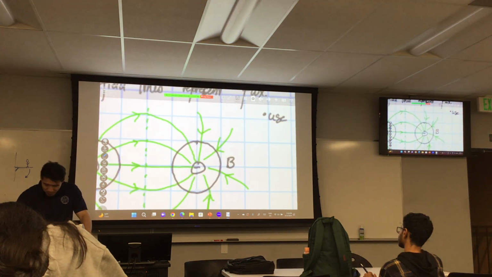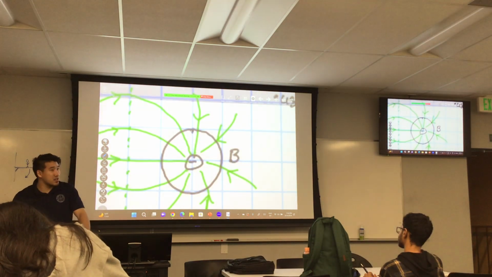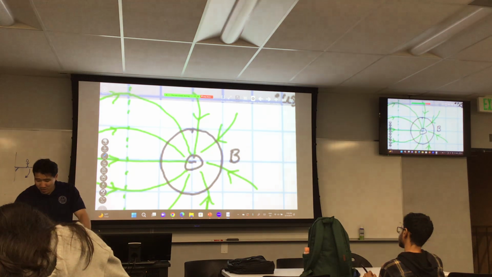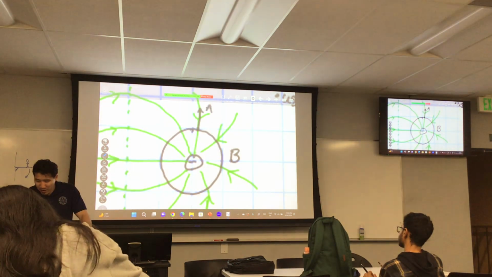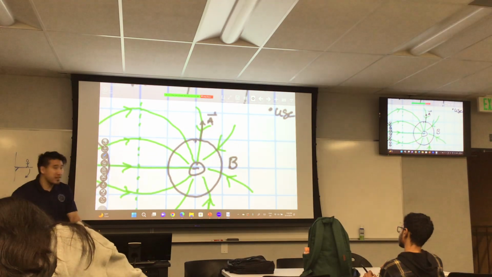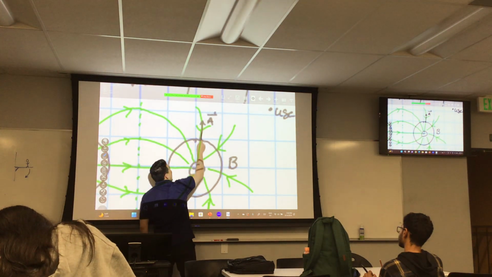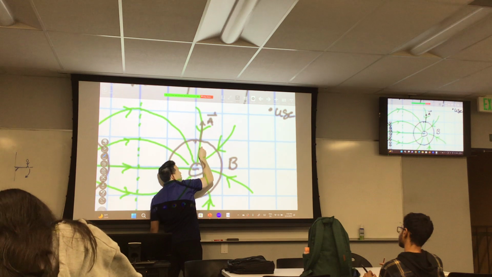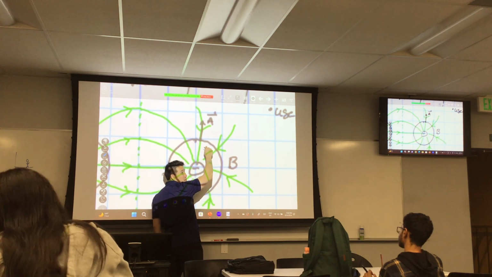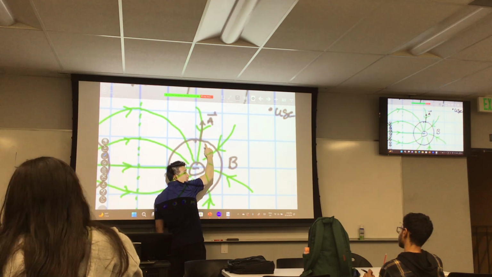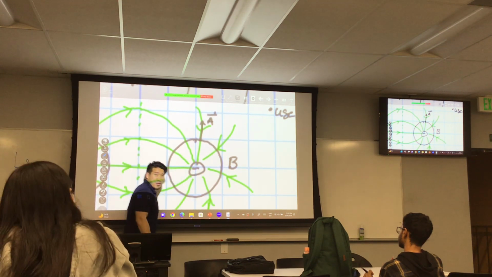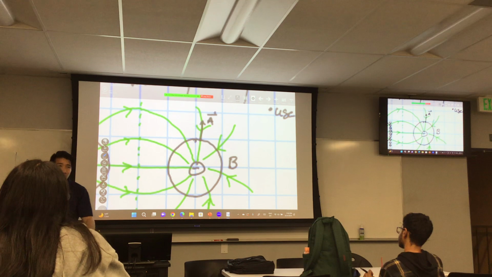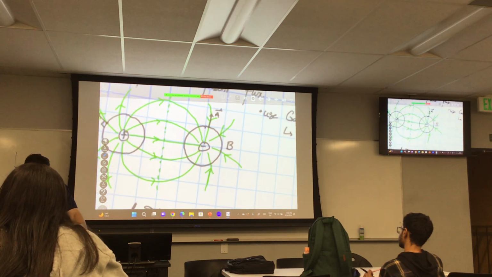Whereas over here, we need to be consistent with how we draw our area vectors. Once again, they have to be pointing out. That will be our area vector. And this time, our area vector is up, whereas the electric field vector is down. What's the angle in between? Greater than 90 or less than 90? Right, it's greater because it's roughly 180. If you plug in cosine of 180, you're going to see that it's a negative number.